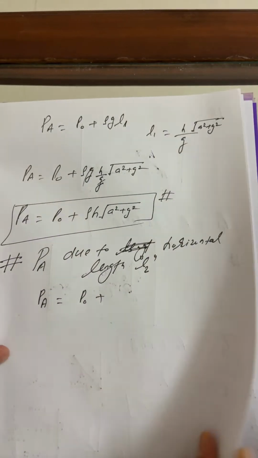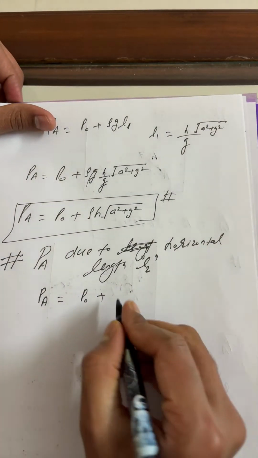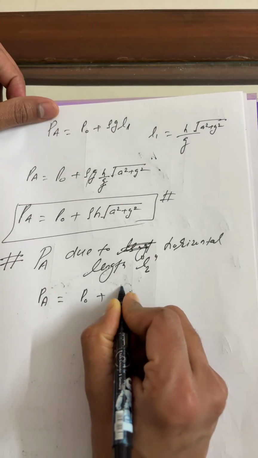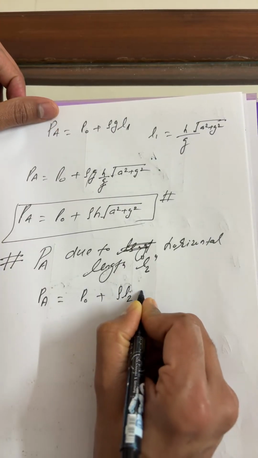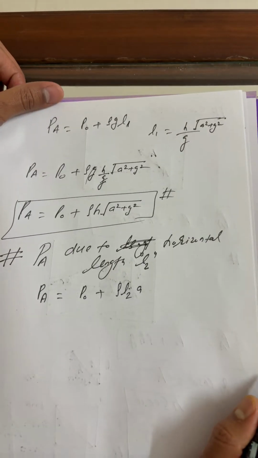For this condition I'll use the result directly, so this is rho L2 into a.